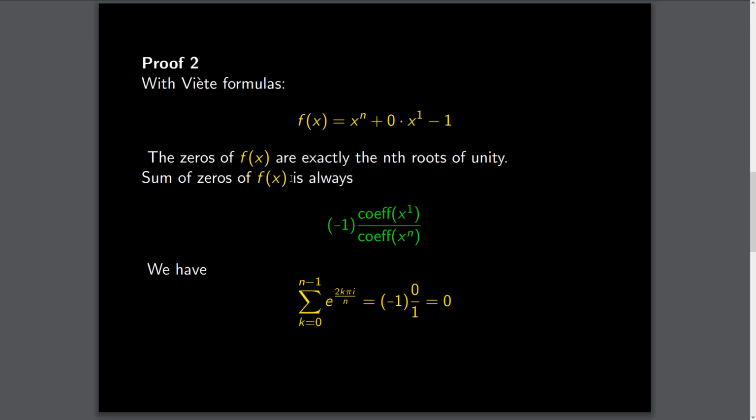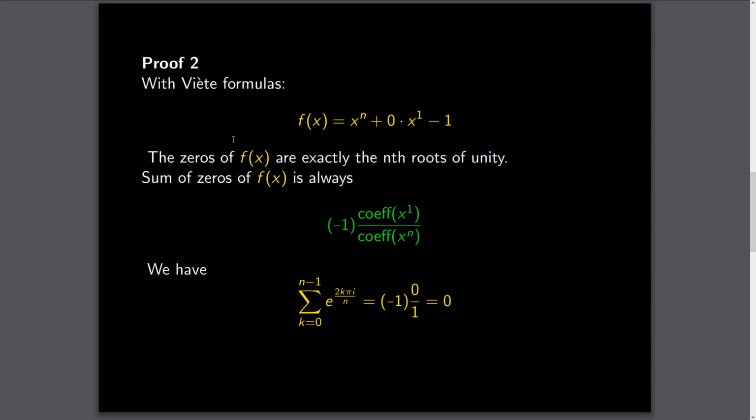Now, the second proof is going to involve the Vieta formulas. Because we presume that n is greater than 1, we can write this polynomial in this specific way: x to the n plus 0 times x to the first power minus 1. Now, this is exactly the polynomial whose roots are the complex roots of unity.